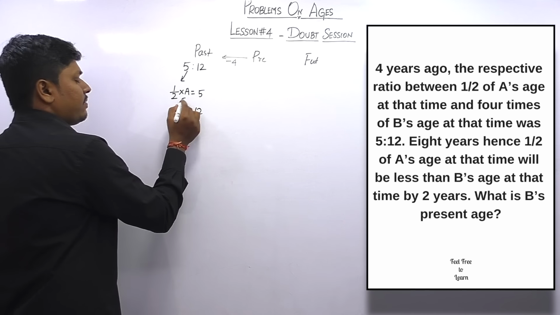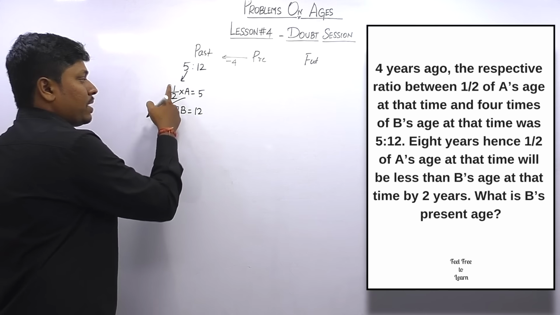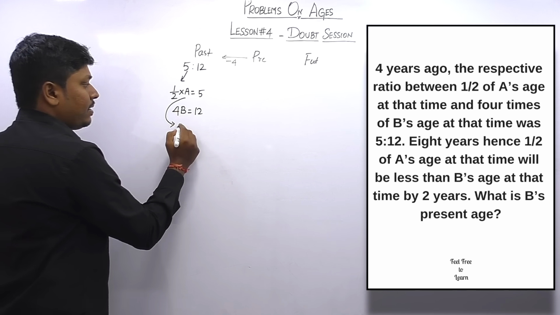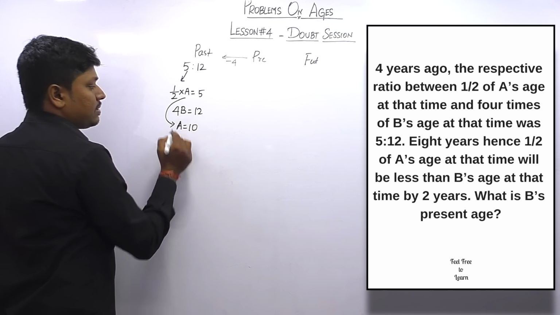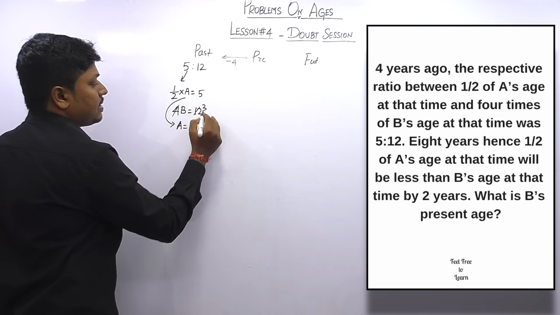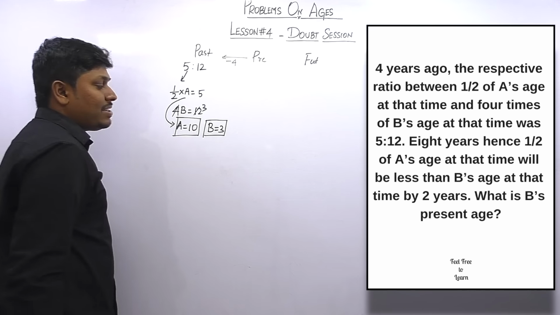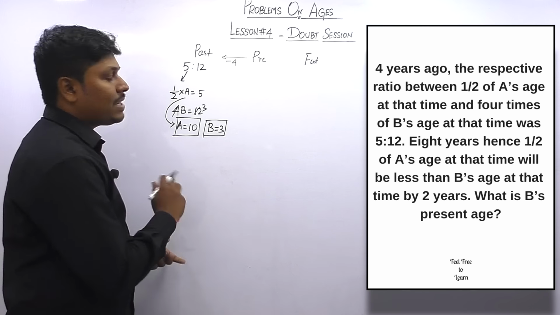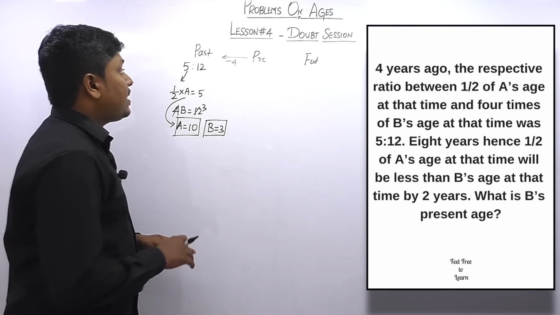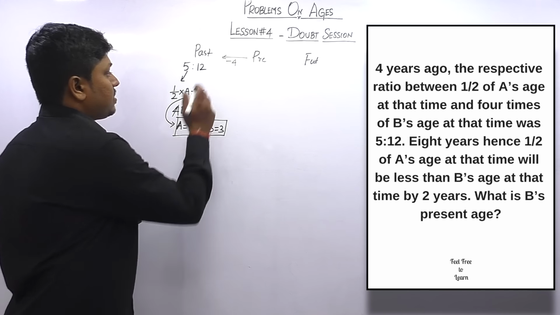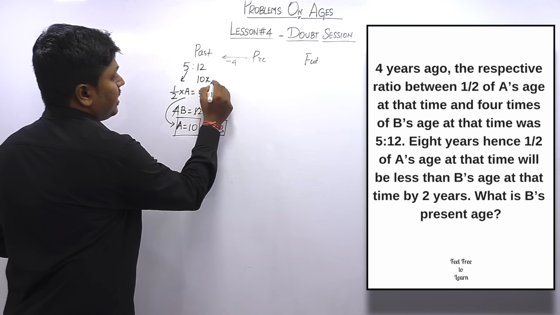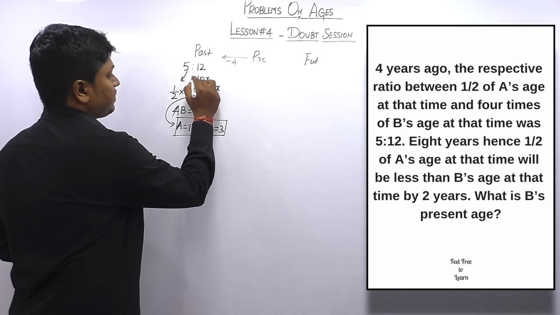Easily we can find the age of A, because 1/2 into A is equal to 5, then A is equal to 10. Similarly we can cancel this, then B will be 3. So finally we found the age of A is 10 and the age of B is 3. So let me keep it as 10x and 3x. So 10x and 3x will be the past.